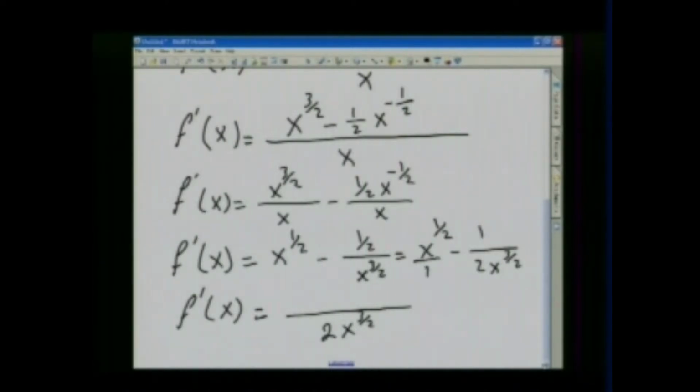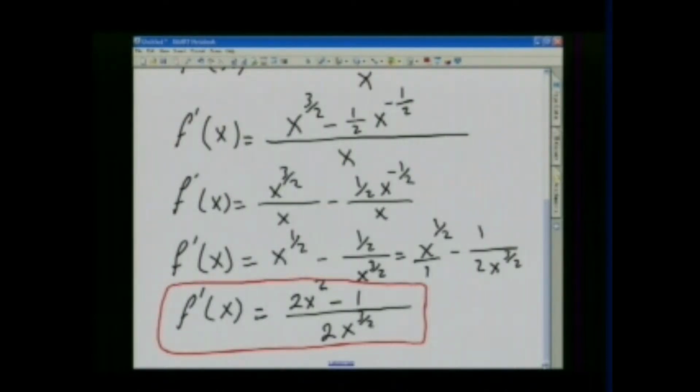Then numerator: 2x to the 3/2 times x to the 1/2 would be 2x squared minus 1. Well, maybe this looks better than everything else. This is the derivative of that function. That was problem number 24.